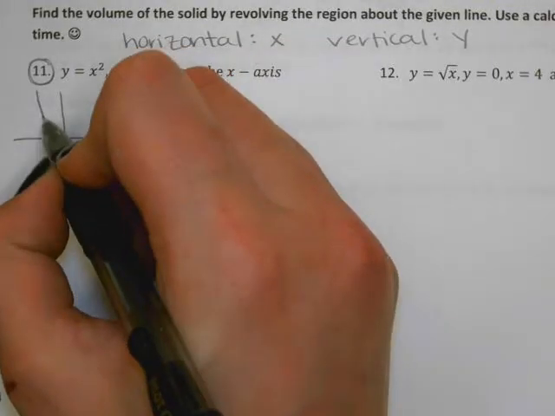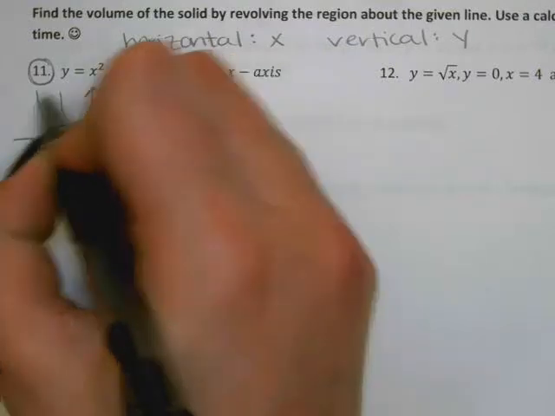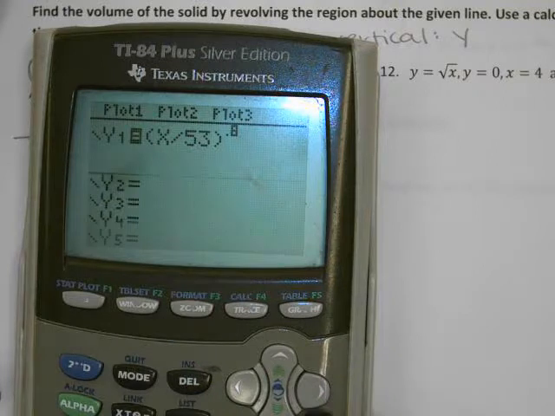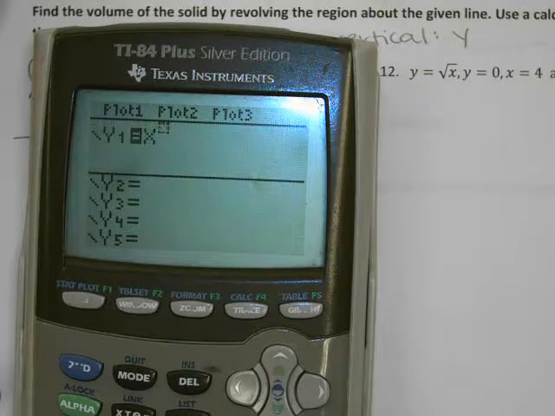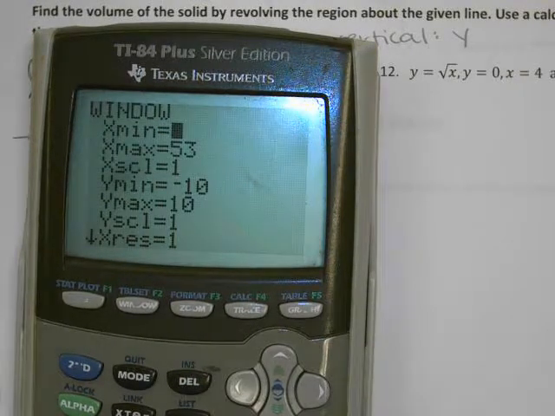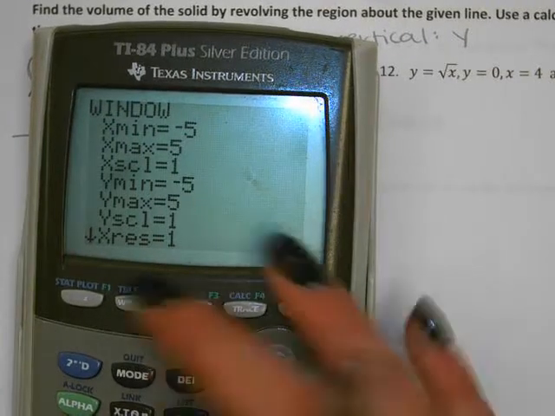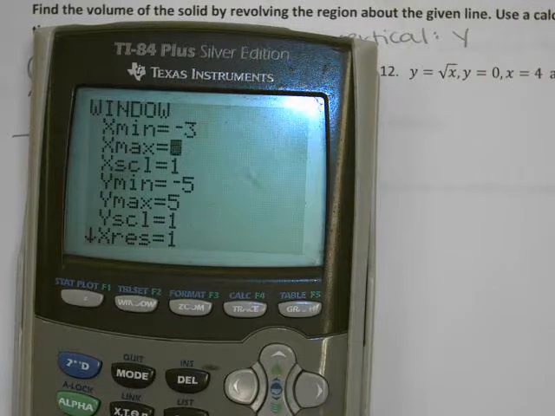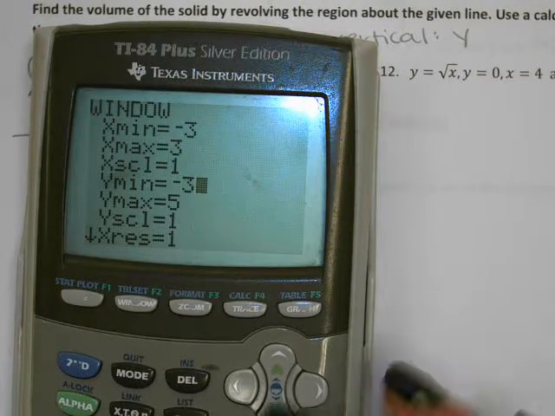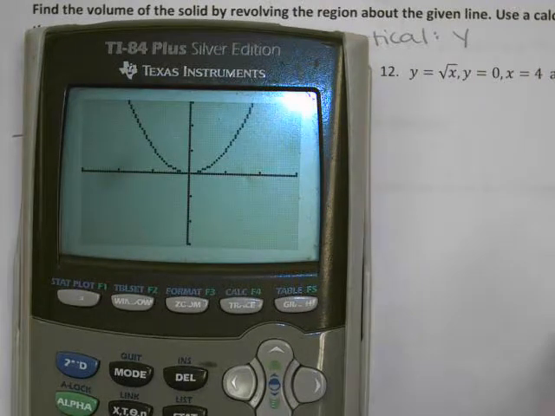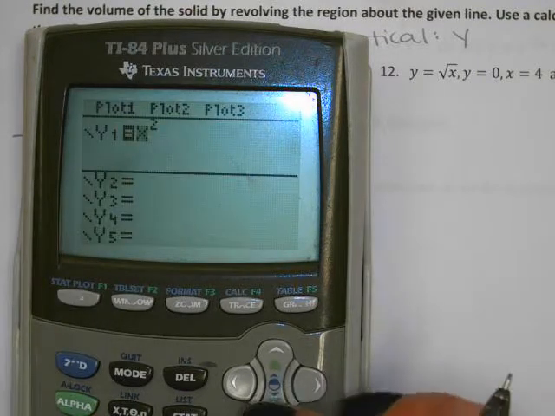I have x squared, looks like that, and then I'm going to show you the x to the third graph. Actually, I might make this even smaller. I just want to show you because, based off memory, we know what they look like, but knowing which one goes left and right and up and down can be a little iffy.